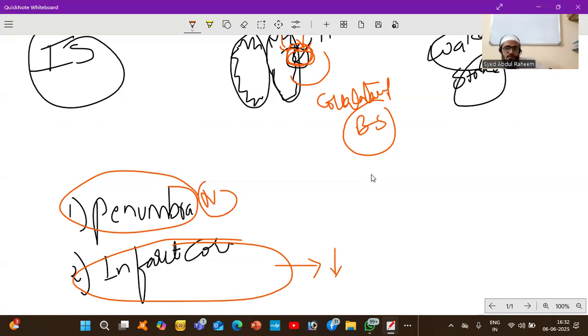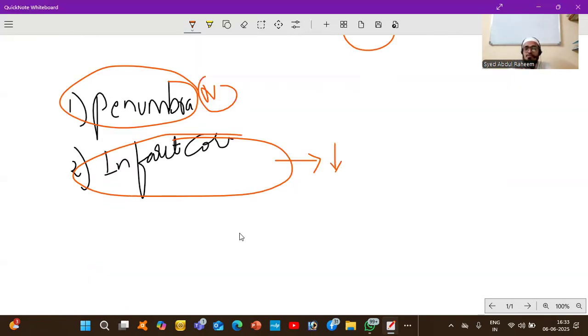That is the penumbra. In the infarct core, the area is damaged, there is no blood supply, blood volume is low, and blood flow is also reduced. Both are reduced. In the penumbra, volume is normal and flow is reduced.